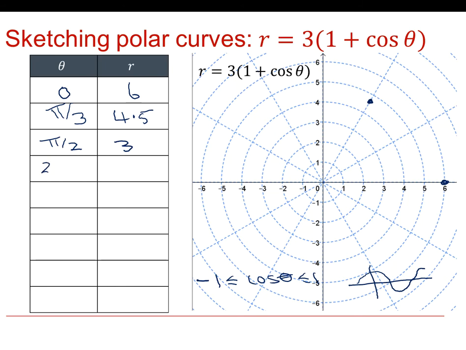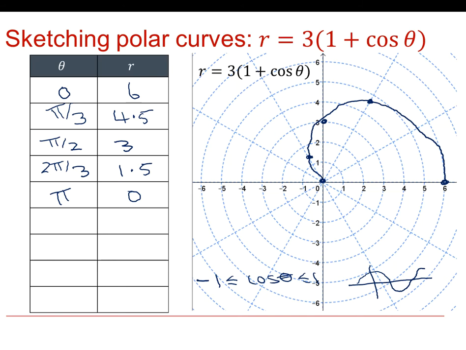At 2 pi by 3, cos theta will be minus a half, and therefore r reduces to 1.5. When theta is pi, cos theta will be -1, and r will be 0. Thus for this half of the curve, we can see that it probably looks like that.